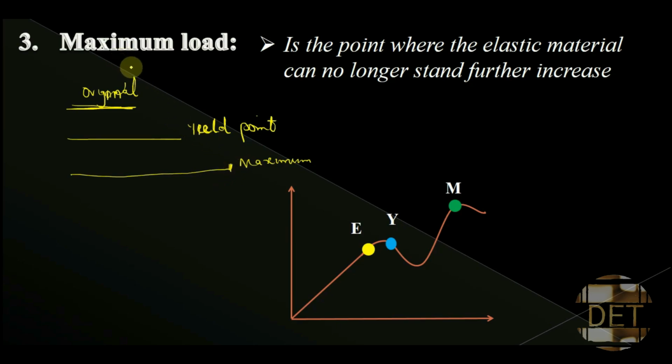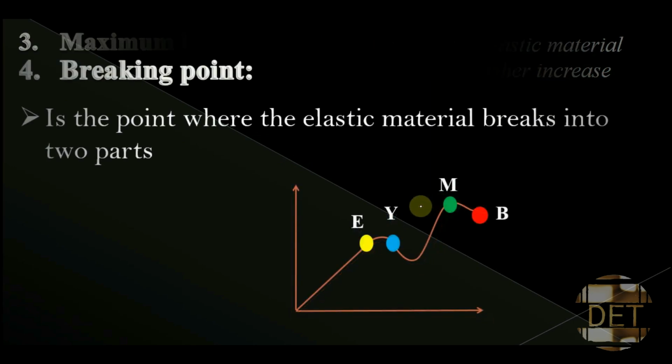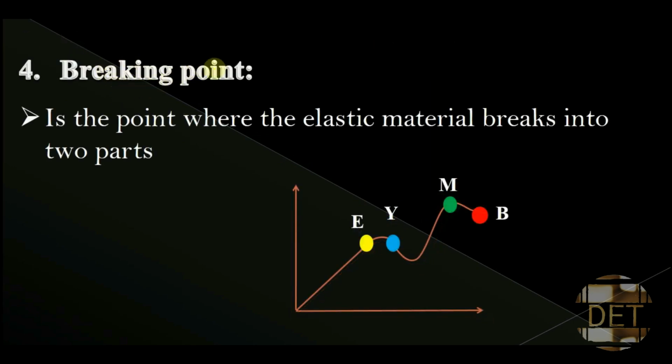So the point of maximum load is the point where the elastic material can no longer stand further increase. After the elastic limit, you get to the yield point, then the point of maximum load, and after that, the breaking point. The breaking point is the point where the elastic material breaks into two parts.